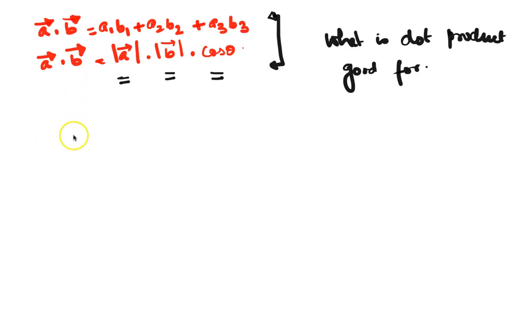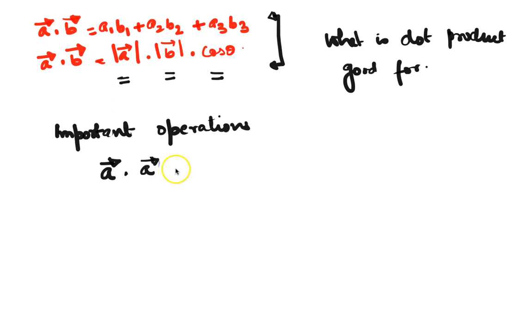So let's see some important operations. If you have a vector and you do a dot product of that vector with itself, what does that mean?